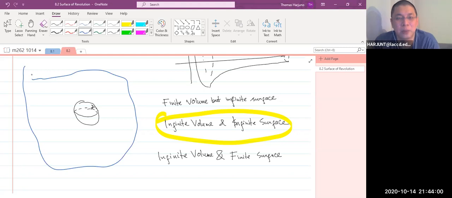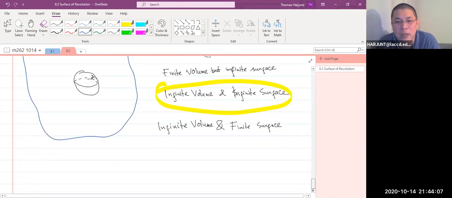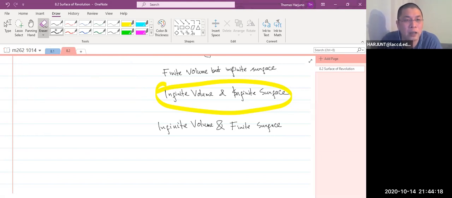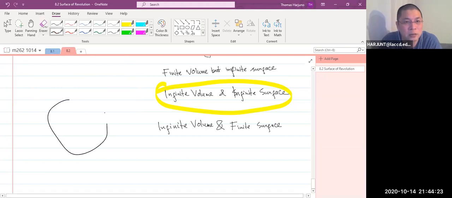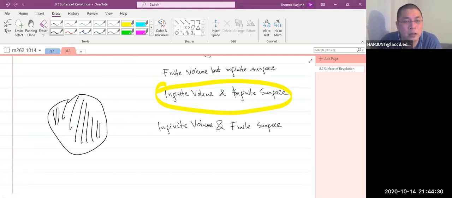That's the challenging part. The way we think is once the volume is finite, as if we are saying, if I reduce that into 1 or 2 dimensions, if the area is finite, if this region is finite, then the circumference will also be finite.